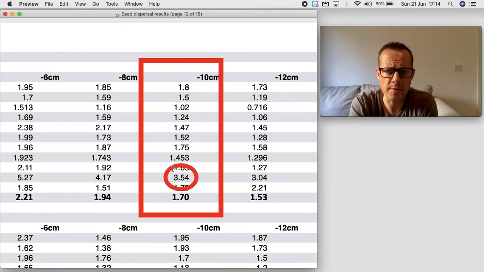And then this result I've highlighted, 3.54. Now that is an anomalous result. It does not fit the pattern. So what we should do in that case is we should identify that when we're doing our experiment, discard it, and repeat the experiment for that length of wingspan or whatever else we're doing in the experiment. So you need to remember that an anomaly is a result that doesn't fit the pattern, and you should be able to identify them in a set of data.